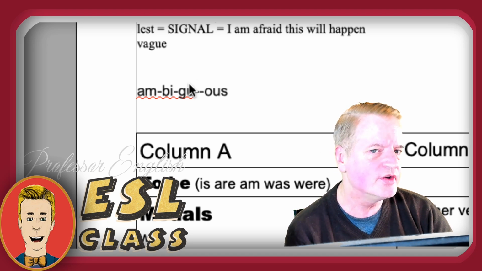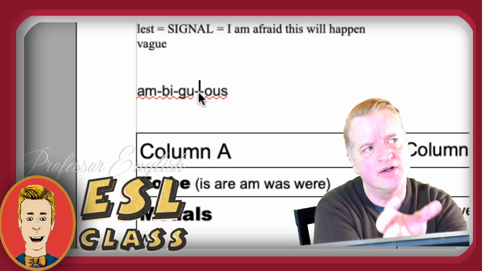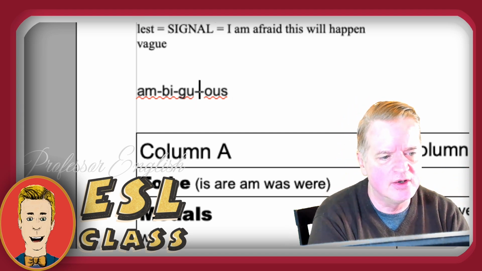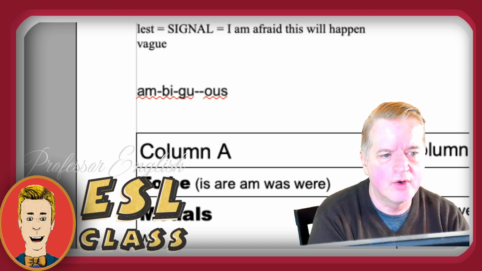So what do we have to do to make sure that it's very clear that we're pronouncing the two syllables separately? What is it important to do? So we put an extra sound that is oo. We double the oo sound. That's right.